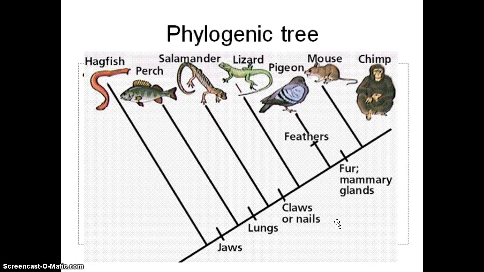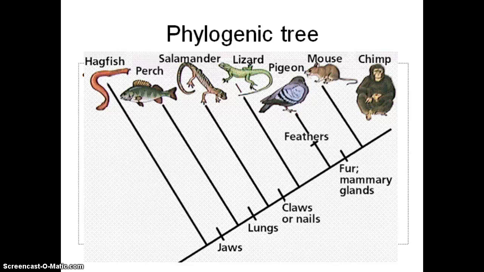They do not. The only things that have fur and mammary glands are the chimp and the mouse. As you go up in this phylogenetic tree, you're going to see that as organisms develop those structures, they are above where the structure is placed. So that's how you would read it, and we can create a phylogenetic tree that highlights those structures and how they're related.